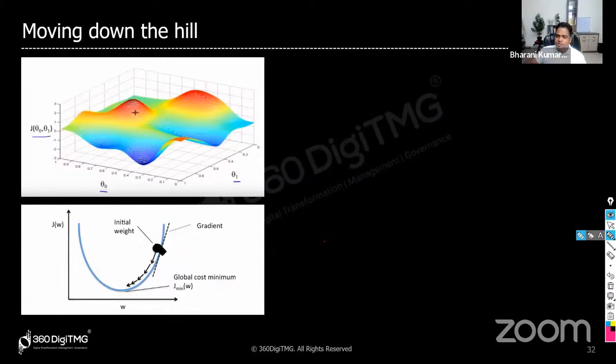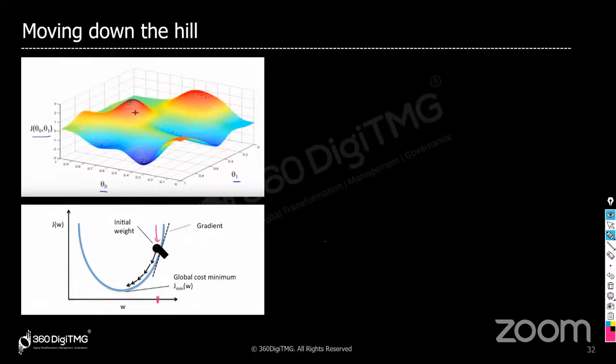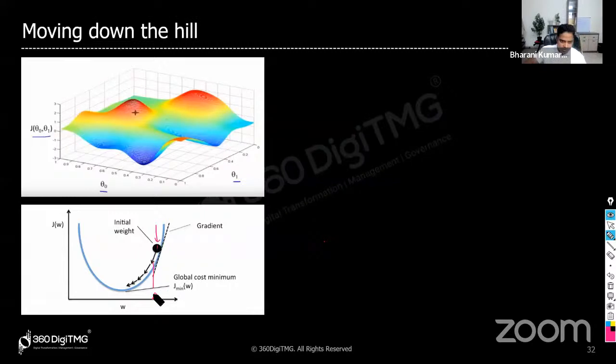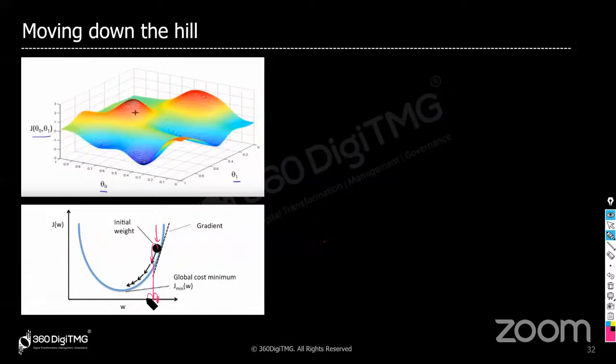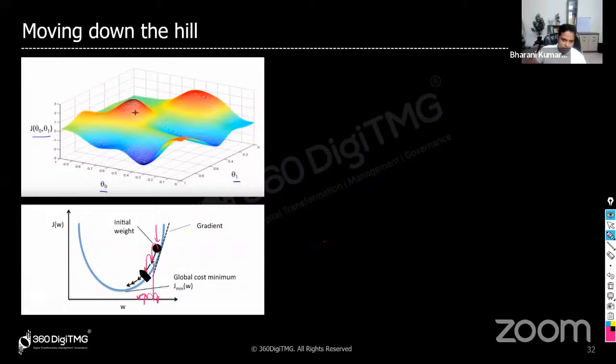Then the curve would be easier, right? If your weights are randomly initialized and say this is your loss function or cost function, then what do you do? You update the weights and you reduce your loss or cost. Then again, you update the weights, again you minimize, again you update, again you minimize, until you get to the bottom.